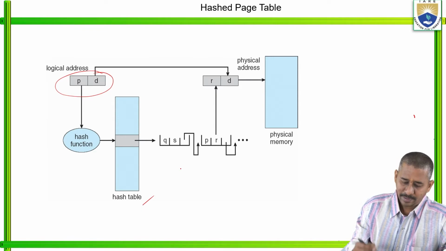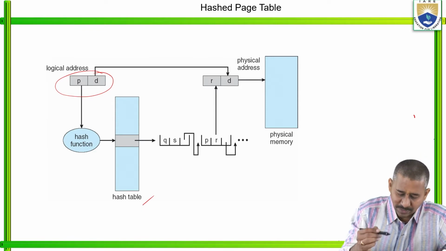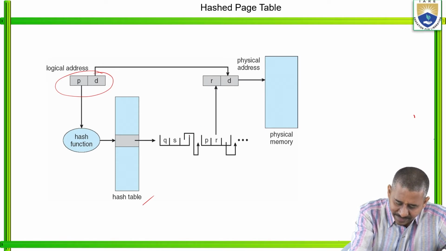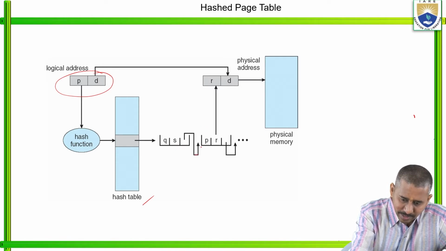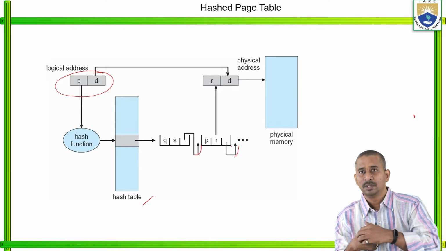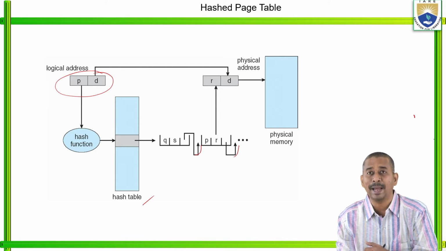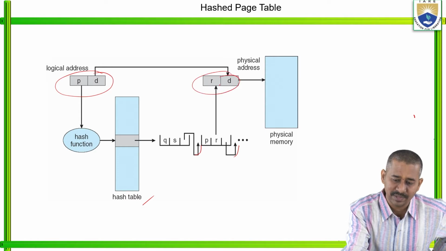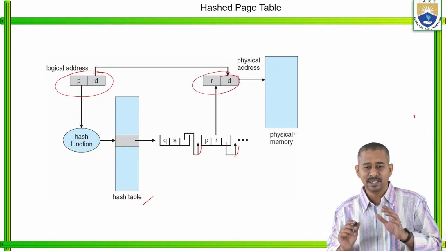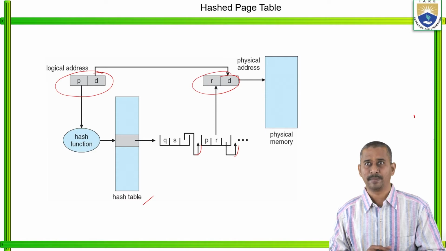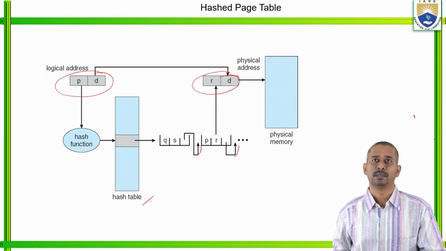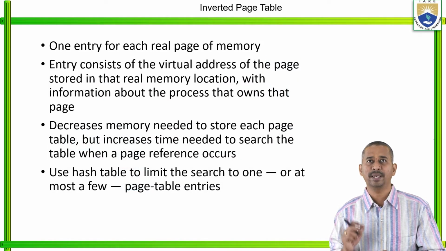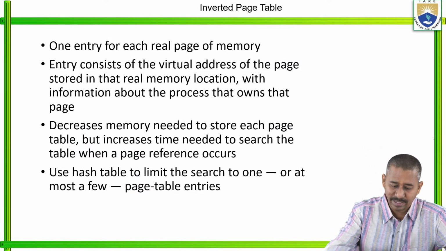Each element consists of a virtual page number, a pointer which points to the next element in the list, and the value of the mapped page frame. See here, this is the physical address. So that is a hashed page table. Next one, inverted page tables.